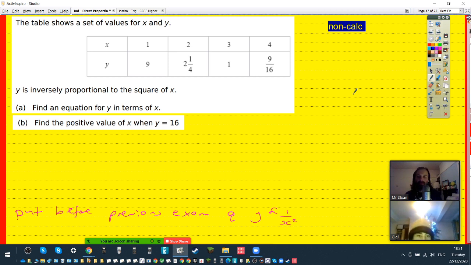Would it be 2.25? For what, k? For this one? Oh, for B. What's the equation in part A? Or what's the value of k? K is 81.